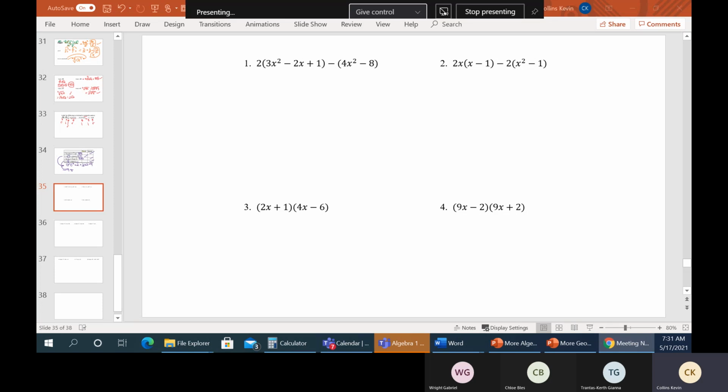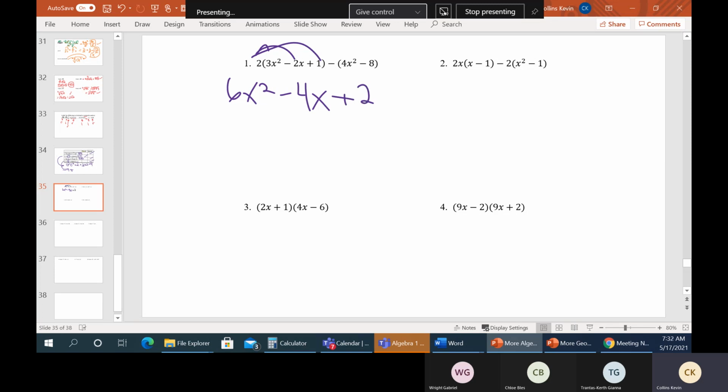Okay, so let's do that. So we're going to do the 2 times 3, right? So that'll give us 6x squared. Then we do the 2 times minus 2, so that'll give us minus 4x. And then finally 2 times 1, that's going to be plus 2.